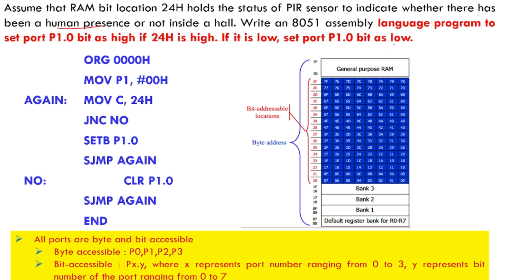So first, what is the logic they have asked? In the program they specified the bit location, that is the RAM bit location 24H. Here you need to understand that from 20H to 2FH, all are bit addressable locations.